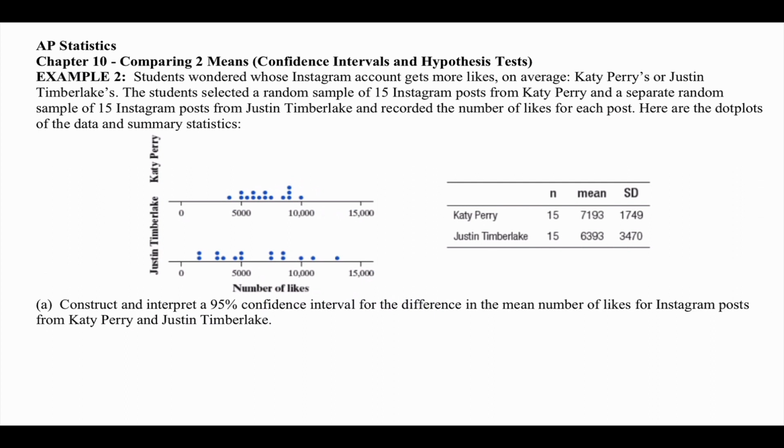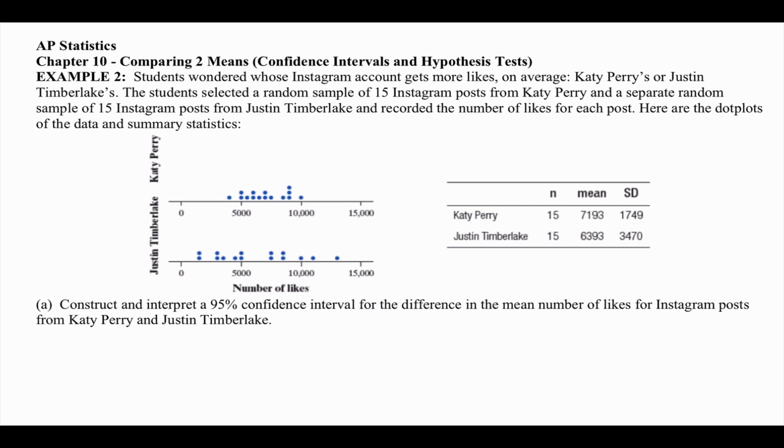Okay, so what we have to do with the data is construct and interpret a 95% confidence interval for the difference in the mean number of likes for Instagram posts from Katy Perry and Justin Timberlake. So we're looking for the confidence interval for the true difference between them.